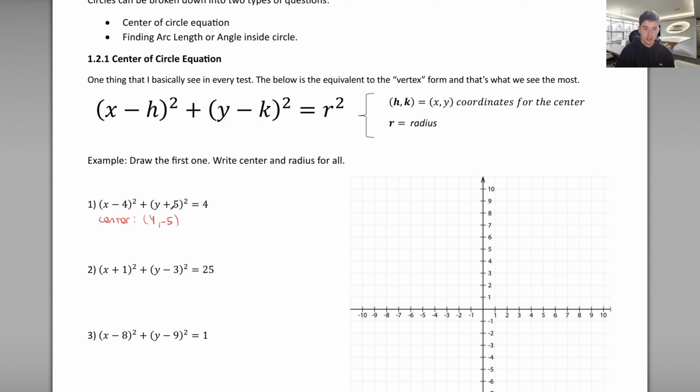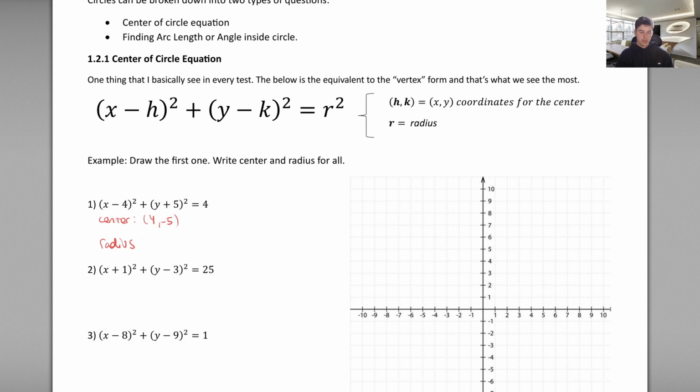And since it's a positive here, that's the value that makes it negative 5, because negative 5 plugged in here, y minus 5, gives us y plus 5. So that's why, just like the vertex form. If you don't understand that, you can go back to the vertex form, but it's very simple to understand.